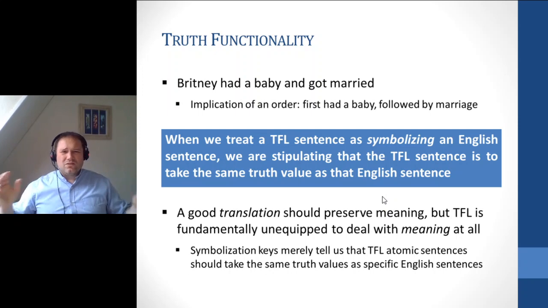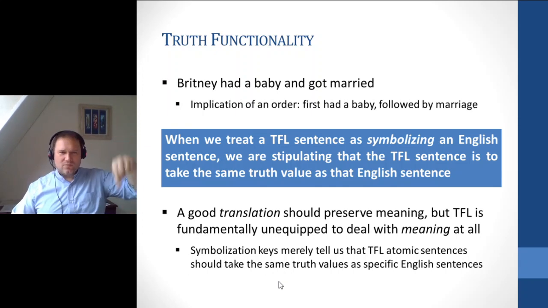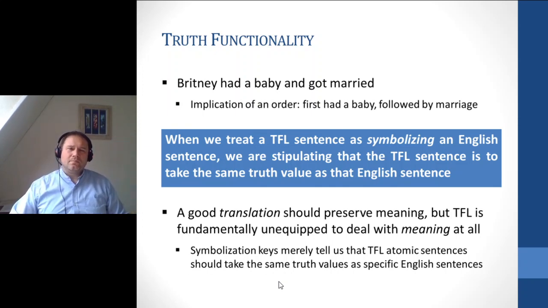And this isn't really translation, because translations should really preserve meaning. And TFL is just fundamentally unequipped to do anything with meaning. All it can really handle is truth values and truth functionality. In this way, a symbolization key really just tells us that TFL atomic sentences should take the same truth value as some specific English sentence. So this is just laying bare what our truth functional language does.